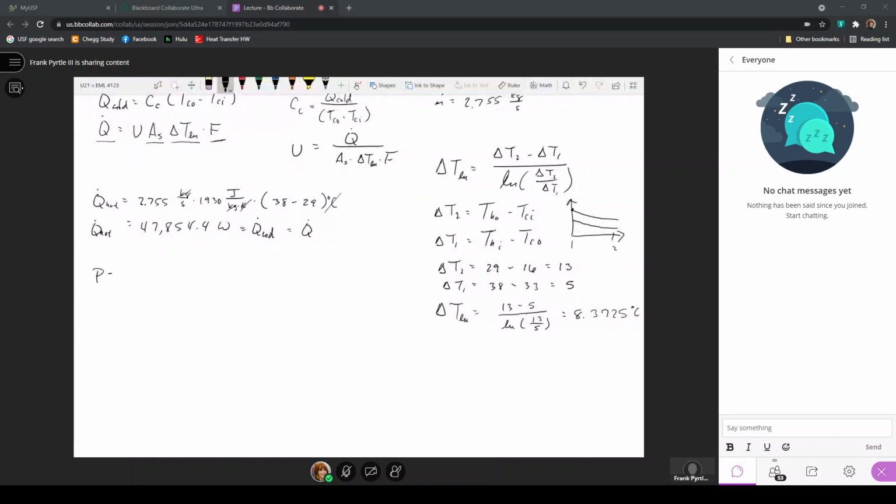of P being t2 minus t1 divided by capital T1 minus t1, and R being T1 minus T2 over t2 minus t1, like this.